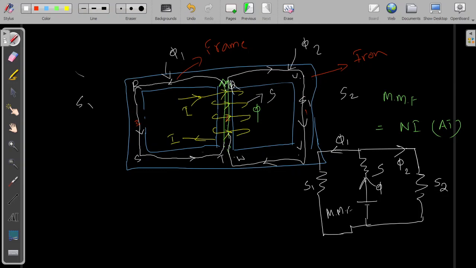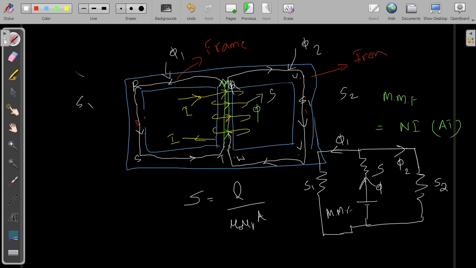We have the reluctance equation. In general, S is equal to L by mu 0 mu r into A. So if these two parts should have two different values of reluctance, then on comparison, either L, mu 0, mu r, A, or some combination of these four parameters should vary.